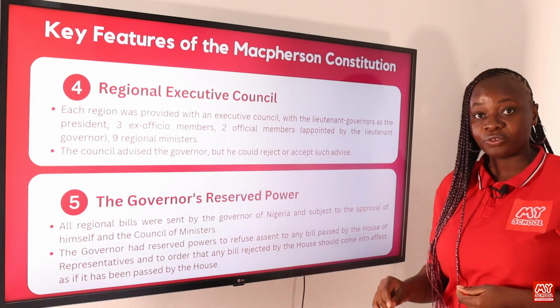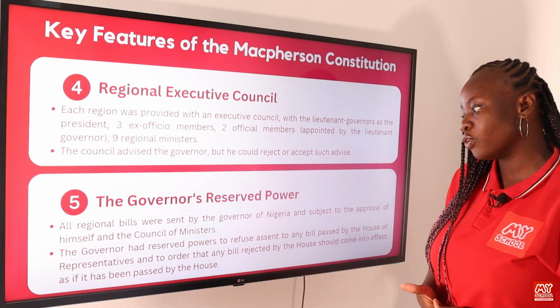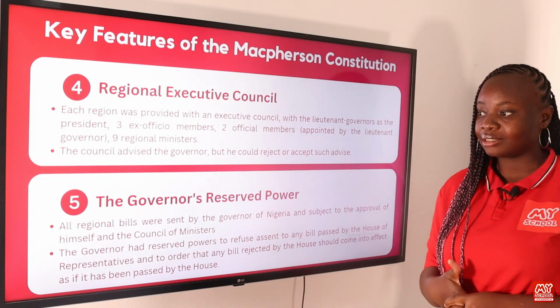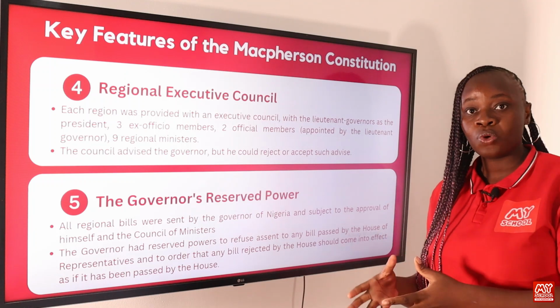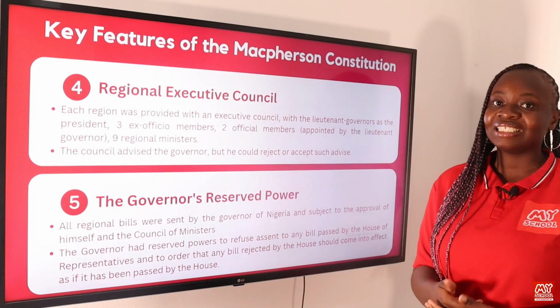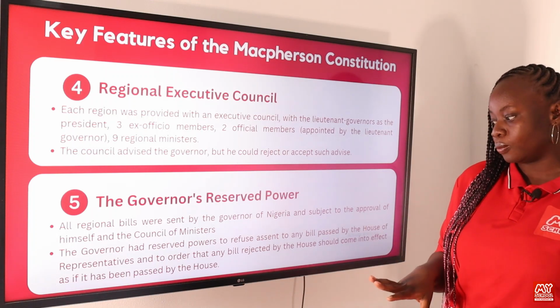Then there was also the governor's reserve power. All regional bills were sent by the governor of Nigeria and subject to the approval of himself and the Council of Ministers. This means that when a bill has been debated in the central legislature, it has to be assented to by the governor, and the governor can either choose to accept or reject the bill.